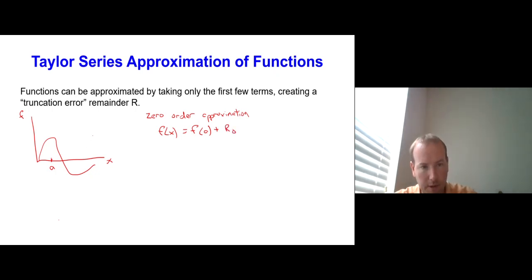And so a zero order approximation might look like this.